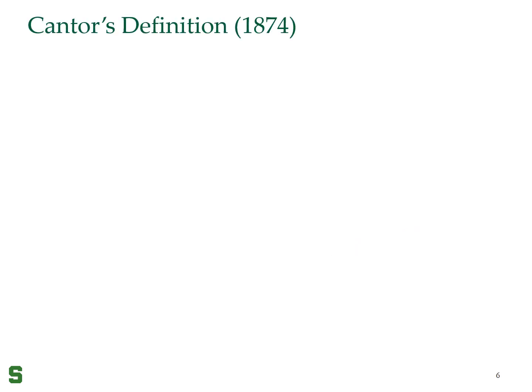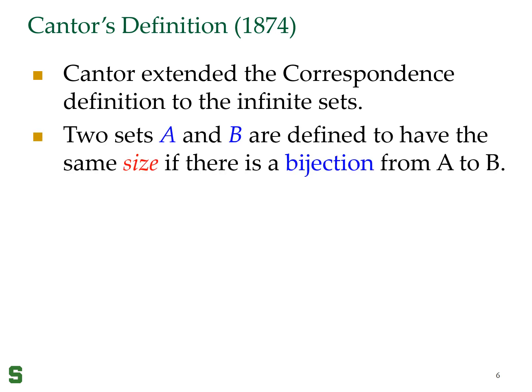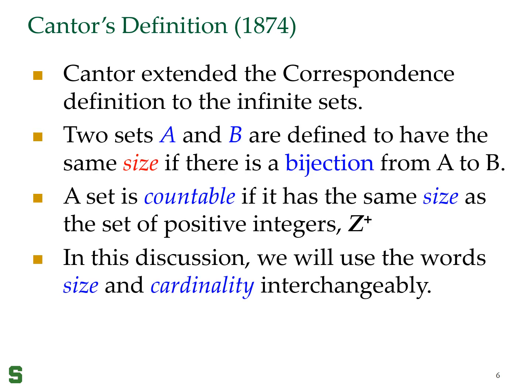So the idea that we're using is based on the work by Cantor, who defined the notion of cardinality for infinite sets by having a bijection or correspondence between two sets. So we are going to say that two sets have the same size if and only if there is a bijection between them.